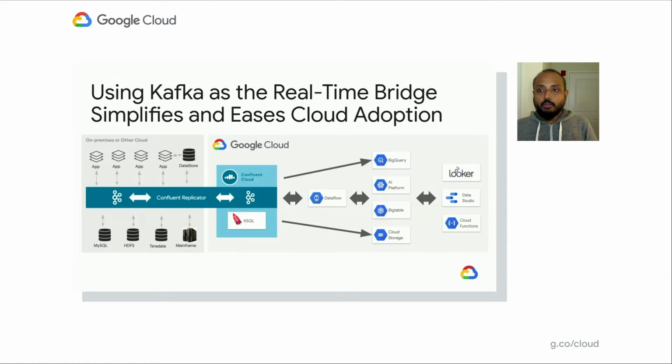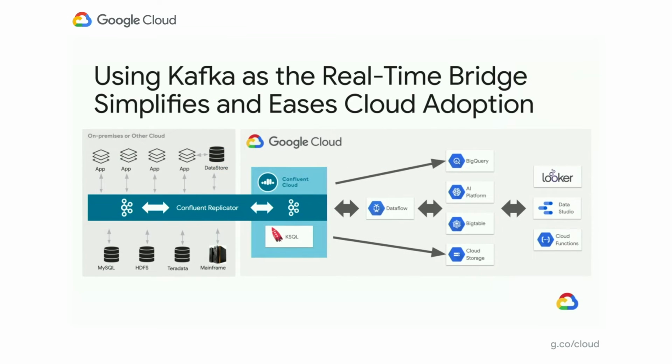So Confluent Cloud, which is available as a first-party service on GCP, is available directly through Marketplace with direct integration of billing and support, and integrated with Google IAM, networking, and all that kind of stuff. They have this awesome capability called Confluent Replicator.